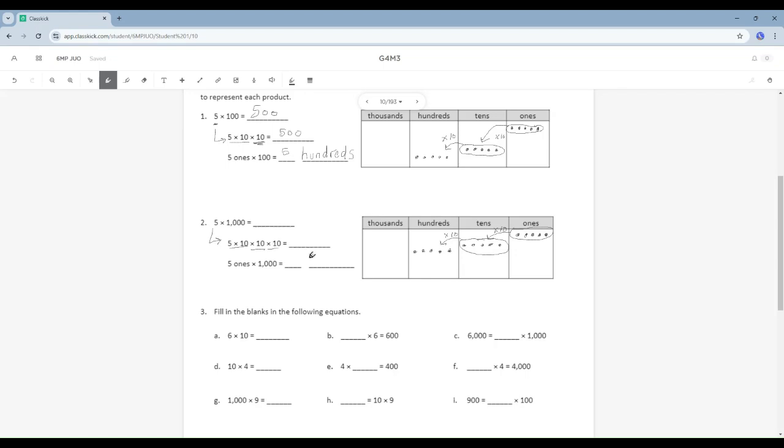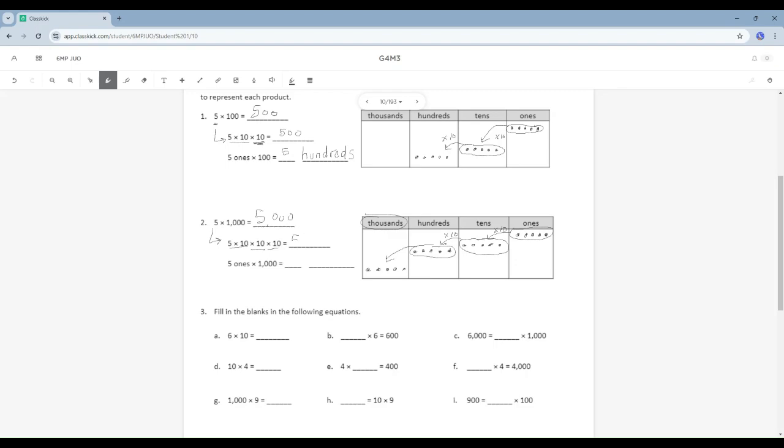Again, every time I move one of these place values, I'm multiplying by 10. And I need to do that one more time. So again, they end up over here in the thousands place. So I end up with 5 in the thousands. So 5 times 1,000 is 5,000. 5 times 10 times 10 times 10.